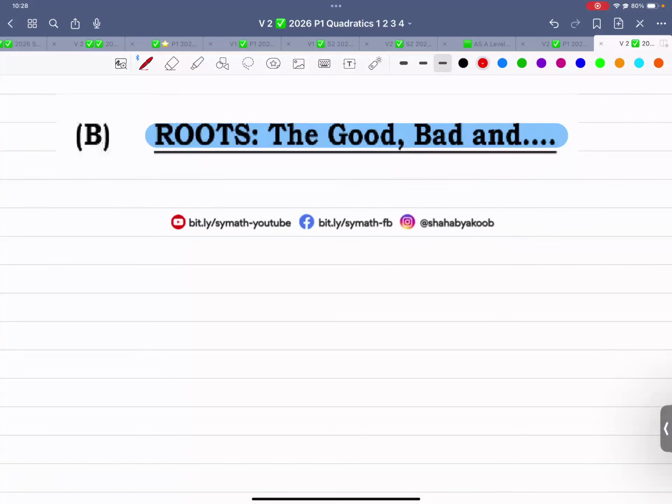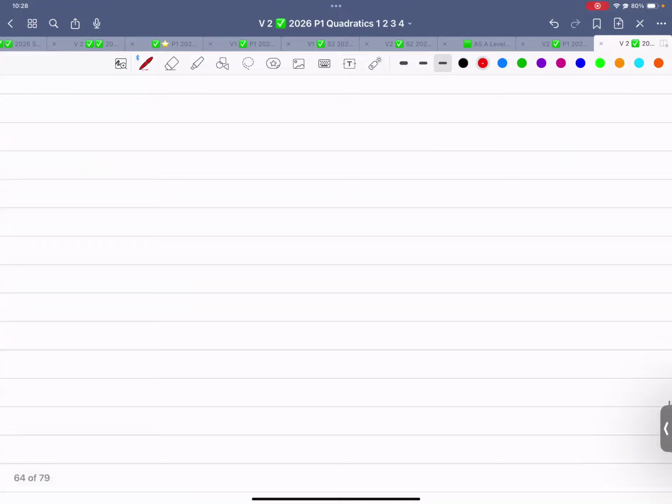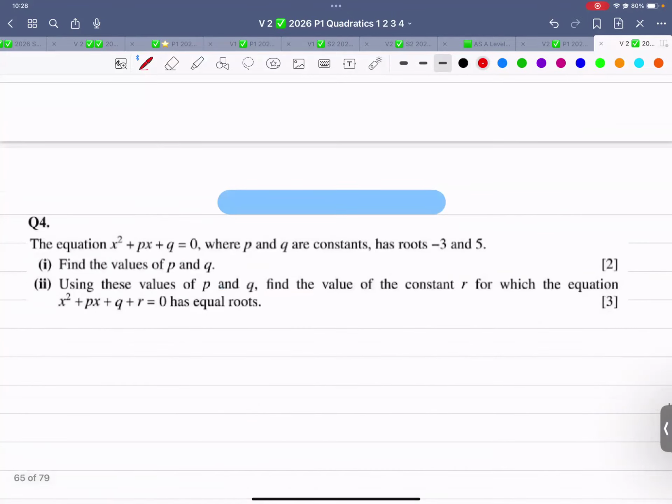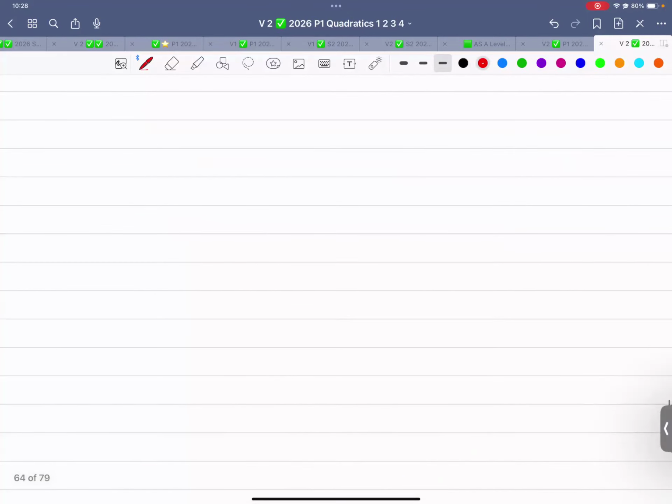Now the roots: the good, bad, and the ugly. There are different kinds of roots that we come across. For this, we need a little bit of background.